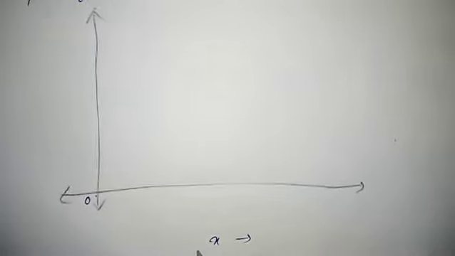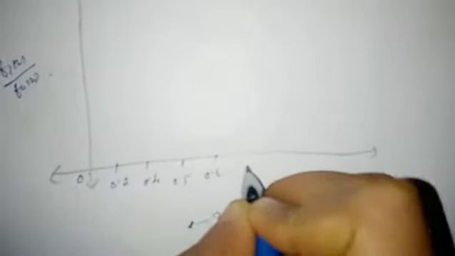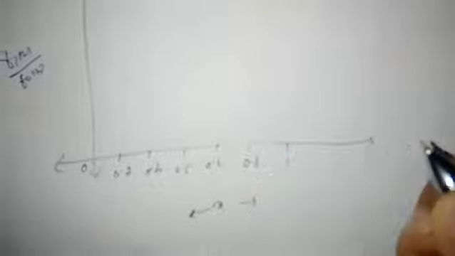Okay, this is the graph, and we will take the values, right? Here are the x values, and here the ratio, that is f1 of x divided by f naught of x. x takes the values 0.2, 0.4, 0.5, 0.6, 0.8, and 1, right?